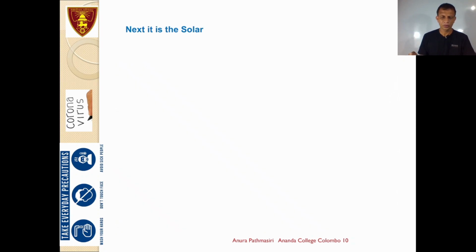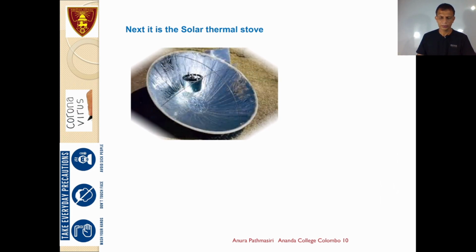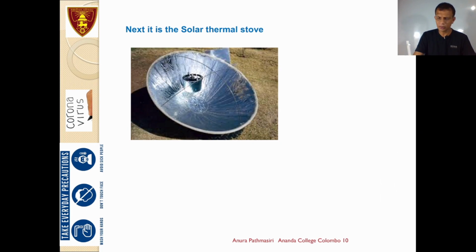Well, moving to the next one, the solar thermal stove. Here it is given. The small one is the pot, and when the sunlight falls onto this reflector, all the sunlight is reflected to the pot because it is kept in the focal point.